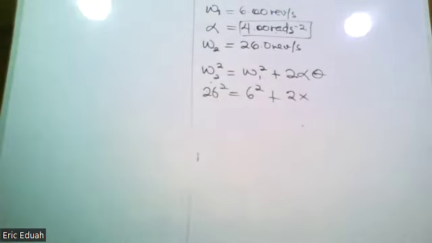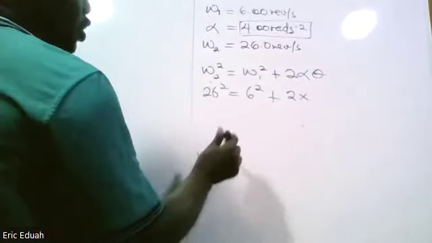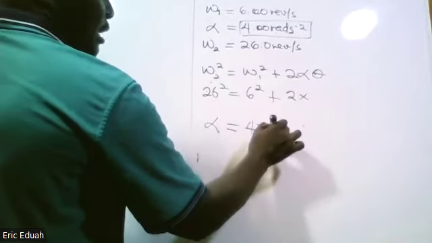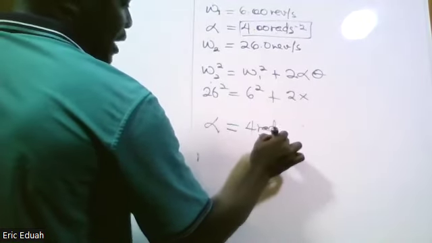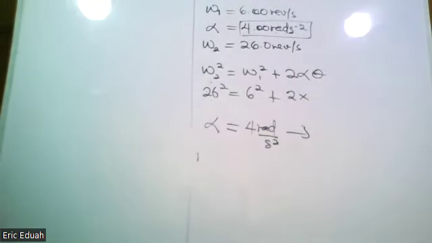So if you don't convert and you use this directly, you are wrong. So convert angular acceleration of 4 radian per second squared to revolution per second squared for me.